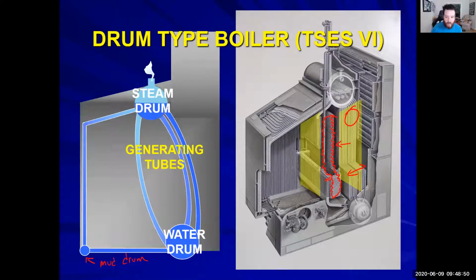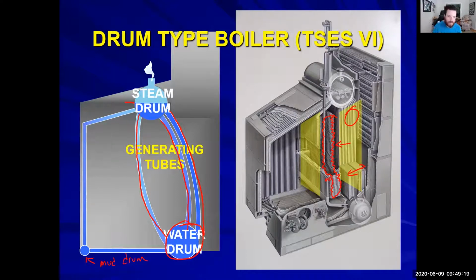We'll talk about why in a little bit, but that's really their job. These tubes, these generating tubes, are filled with water. All right. If you look at it, your steam drum is half filled with water and your water drum is obviously filled all the way. But you have all of these tubes that have water in them that can take a huge amount more heat than what's going to be in those superheaters.